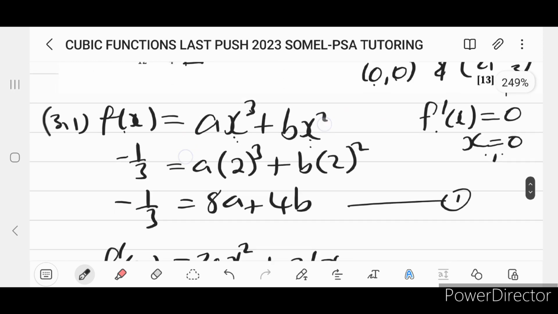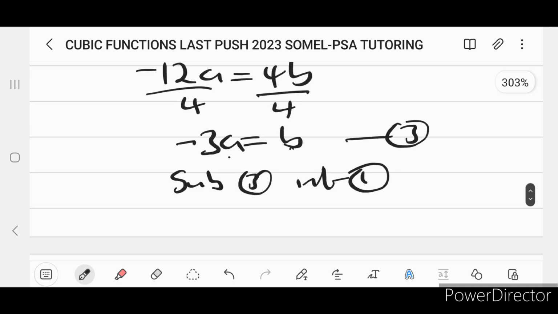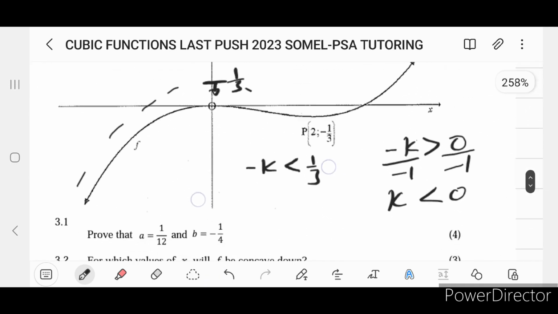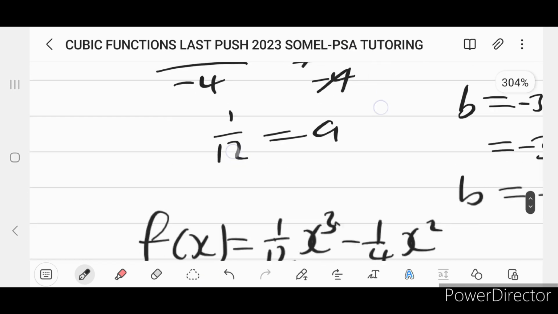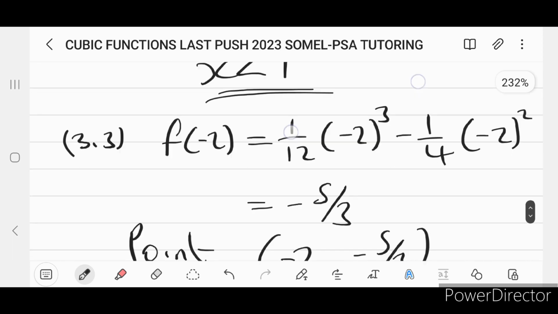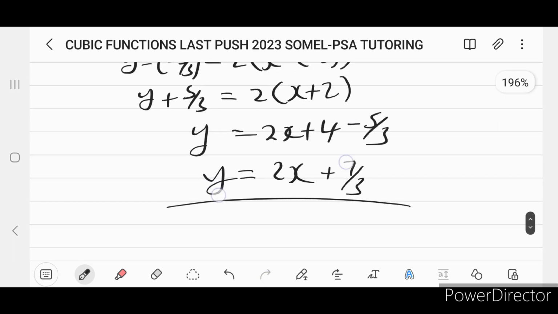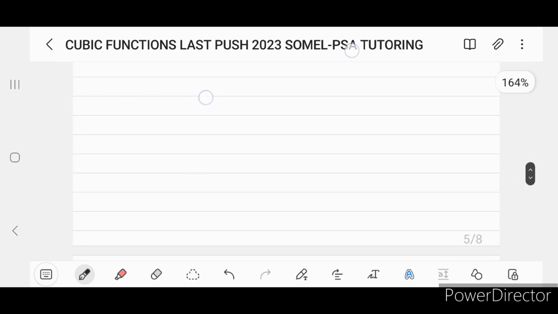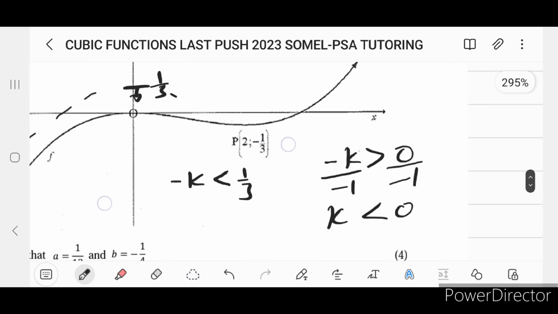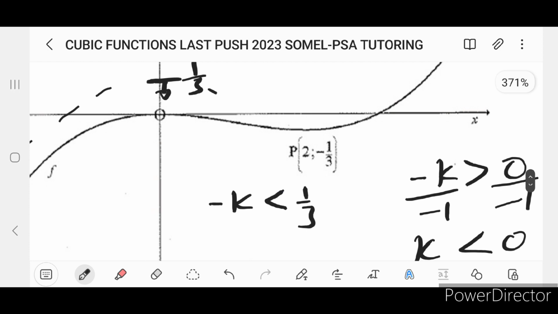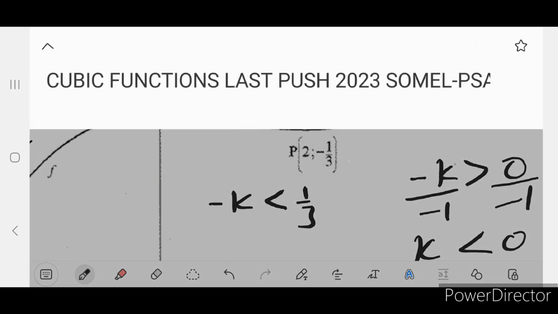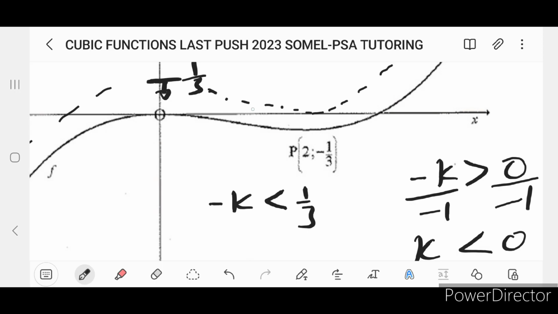This y value here must be less than 1 over 3. Must be less than 1 over 3. Which one am I doing? Yeah, it must be less than 1 over 3. Okay. It must be less than this guy, because I'm making reference to this. So it must not be above, it must be less.